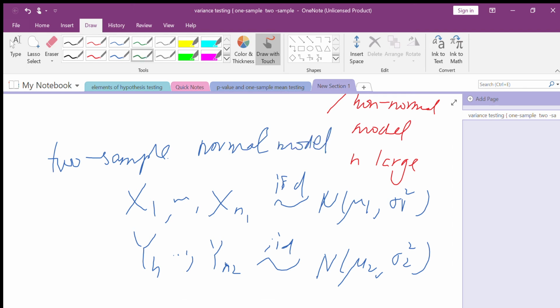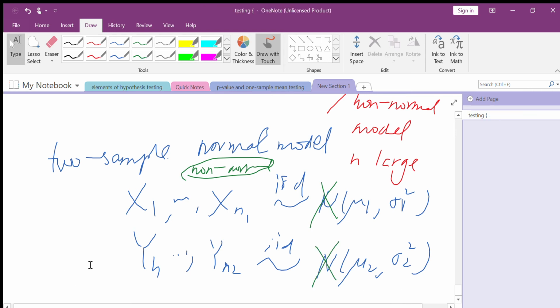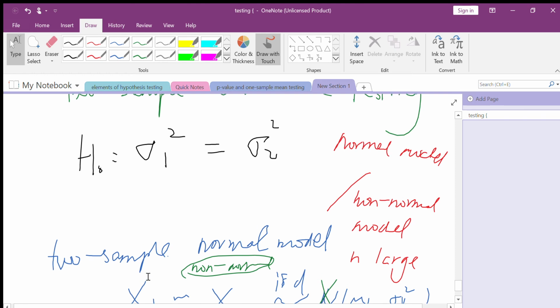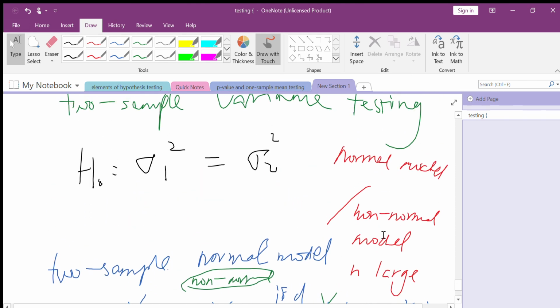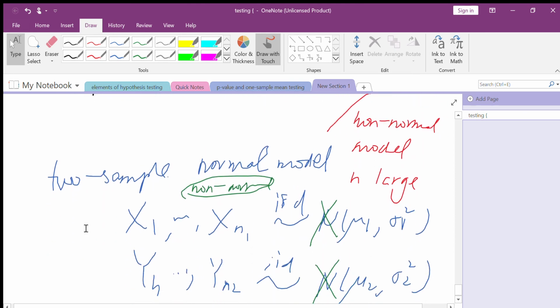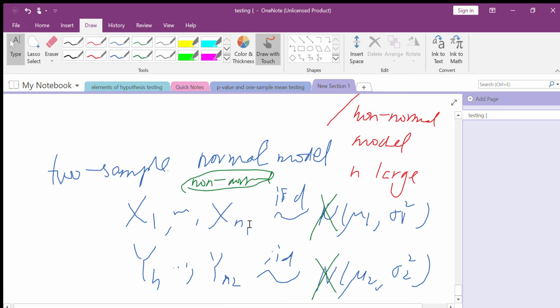For the non-normal model, we just eliminate this distributional assumption. So this is what normal model and non-normal model with large samples means: n1 and n2 both large.